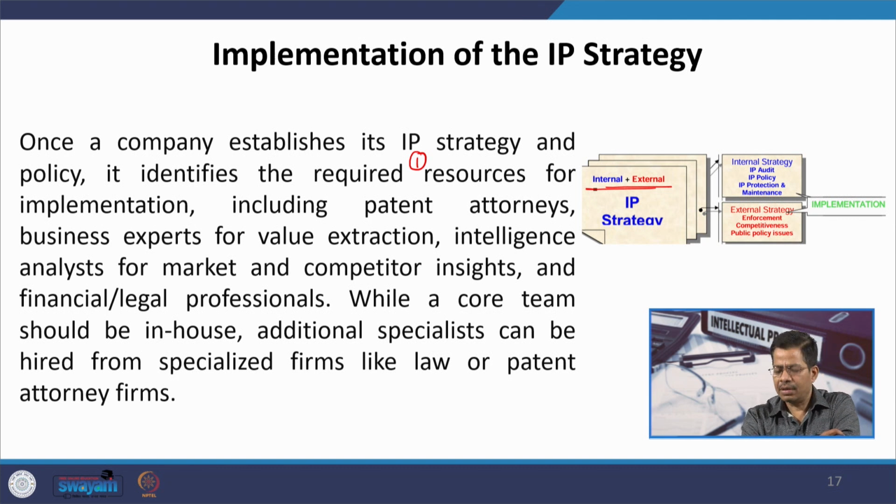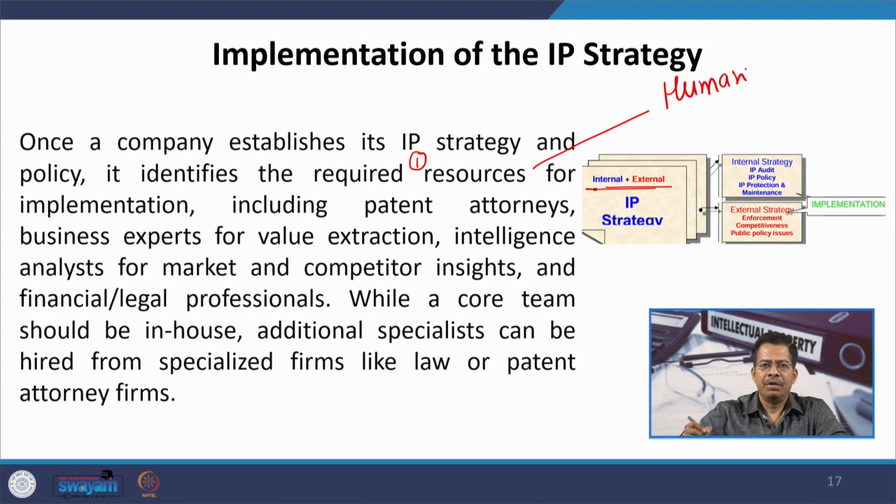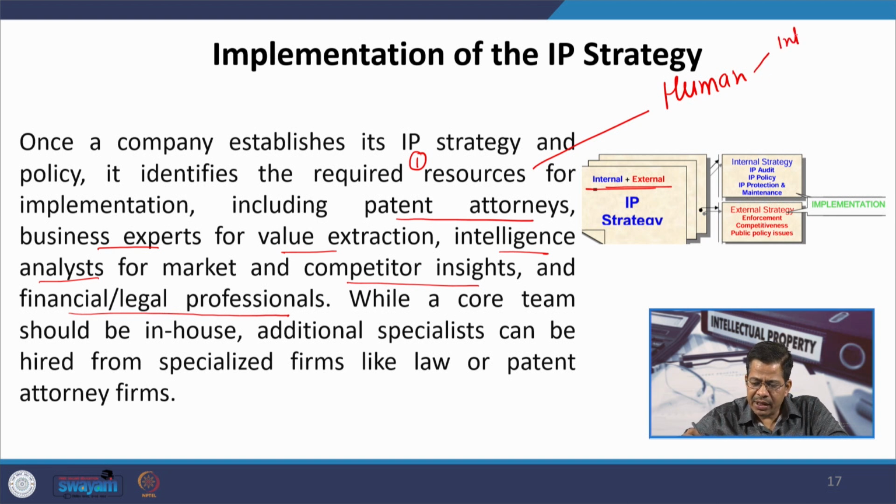Resources may be, let us say, human resources. You may have an internal IP cell or patent attorneys, business experts for value extraction, intelligence analysts and competitor insights, and financial and legal professionals. All of these are part of your human resources, and these human resources again may be internal and external.